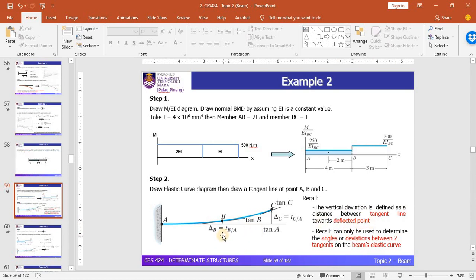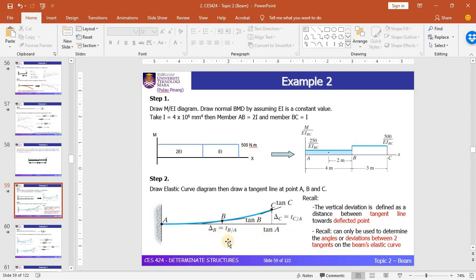In this case we deal with 2 points, because in the moment area method, the principal concept is that when you want to get the displacement or rotation at a specific point, you only use 2 tangent lines for that specific point. For instance here, we want to get the displacement at point B, so only 2 tangents are involved: tangent line A and tangent line B.